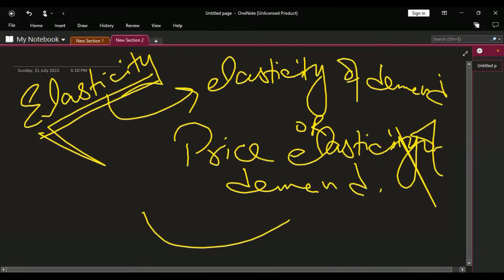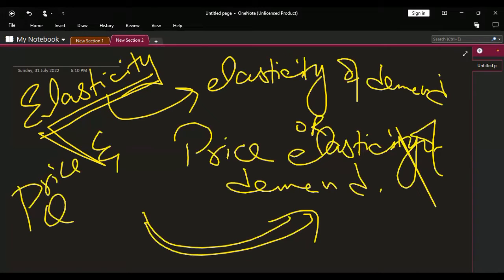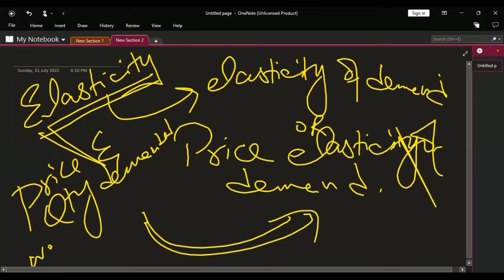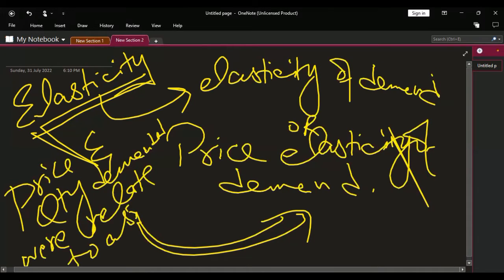in which price and quantity demanded were related to a single product.